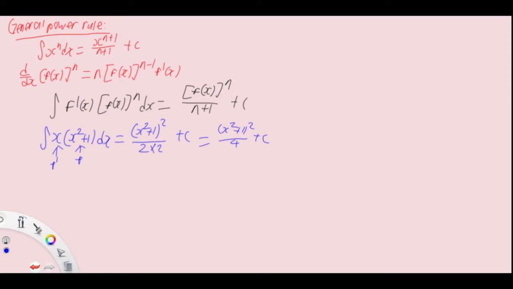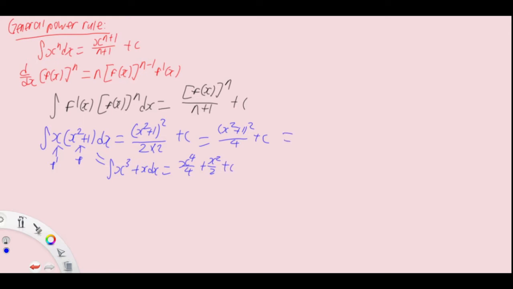So what is the difference if we were to integrate it term by term? Let's integrate it term by term, which means that I'm going to integrate x cubed plus x and obtain x to the power of 4 over 4 plus x squared over 2 plus c. There's actually no difference.